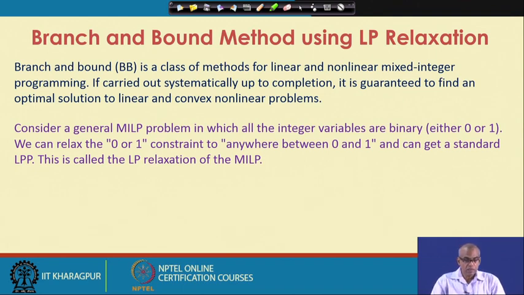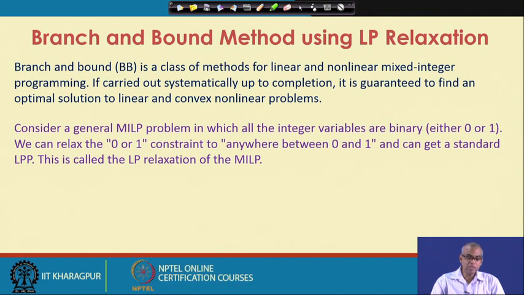So, consider a general mixed integer linear programming problem in which all the integer variables are binary, either 0 or 1. We can relax the 0 or 1 constraint to anywhere between 0 and 1 and can get a standard linear programming problem.